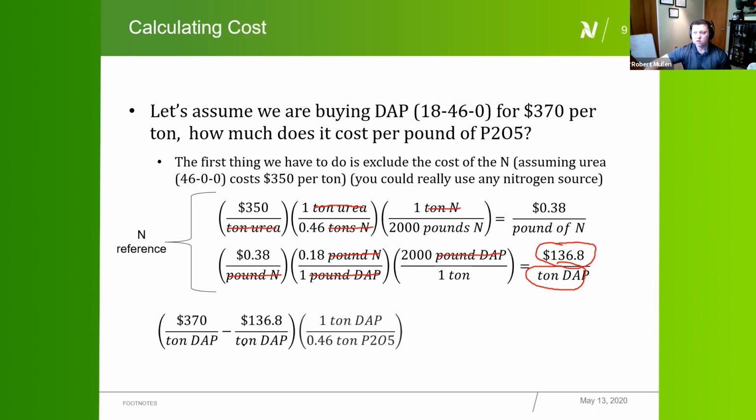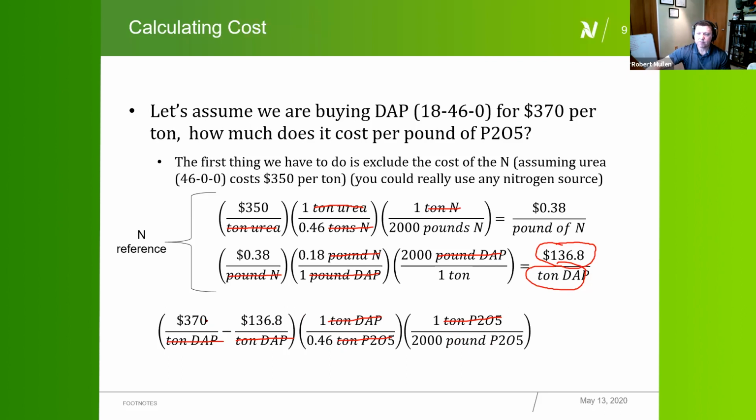That's what I know. I know that if I supply a ton of DAP, I'm getting 0.46 tons of P2O5. Now I have to make my conversion. So let's just go ahead and start canceling these things out. Those go away because of that guy. Tons of P2O5 go away because I have it over here. So now I'm left with dollars per pound of P2O5, which is ultimately what I wanted.